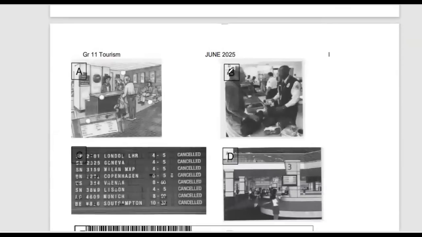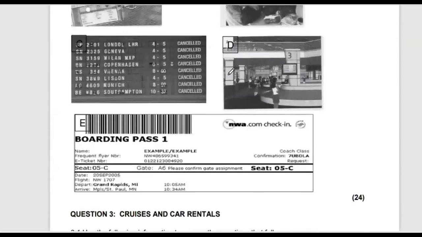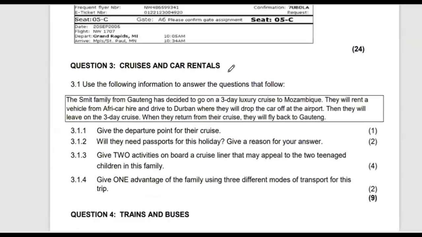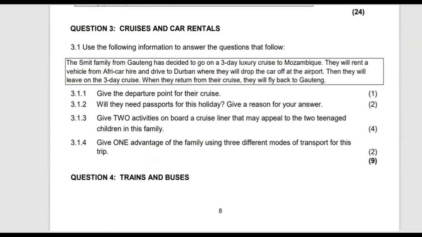So now moving on to the next one. Cruises and car rentals, that is the next subheading. Use the following information to answer the questions that follow. We read the extract, and as we read, we take note of the key points. The Smith family from Gauteng has decided to go on a 3-day luxury cruise to Mozambique.